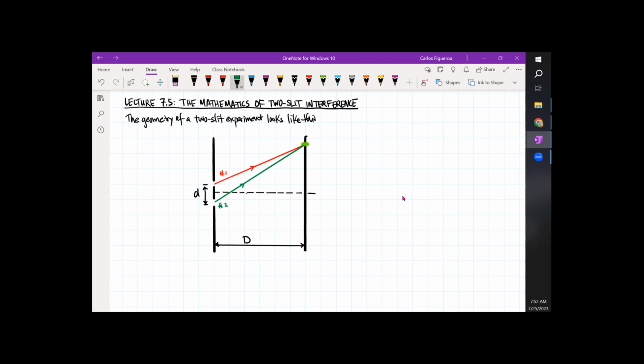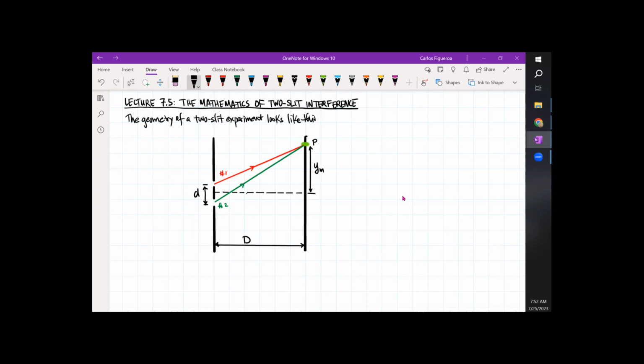And what we're going to find here is that there are two measurements that one could make at this point P. One, we can have a screen location, which is y of m being measured from the central line.